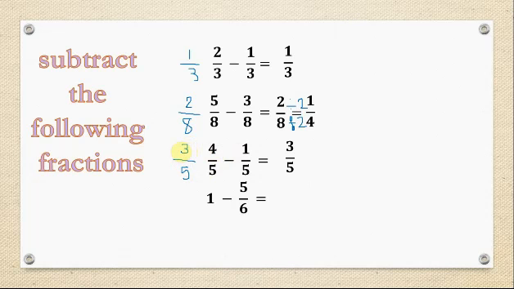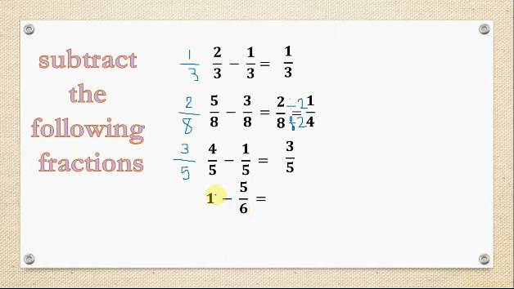Okay, I need your concentration in this one, please concentrate very well. 1 minus 5 over 6. We said on the last slide that 1 equals 2 over 2, 3 over 3, 4 over 4, 5 over 5, and so on. When we have a whole number and a fraction and I want to subtract, I have to make both of them fractions.